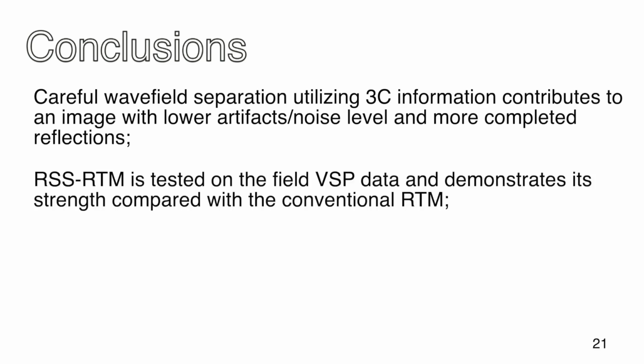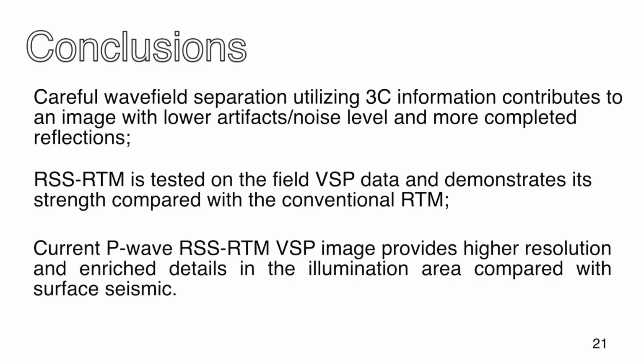For field applications where accurate velocity models are not necessarily available, RSS-RTM demonstrates the reliability of producing a good image. Set side by side with the surface seismic post-stack migration, the VSP RSS-RTM image provides higher resolution and more details in its illumination range, which encourages better characterization of the fractured basement.